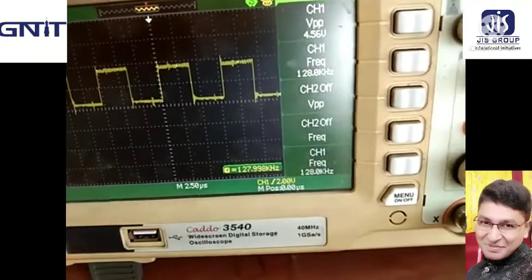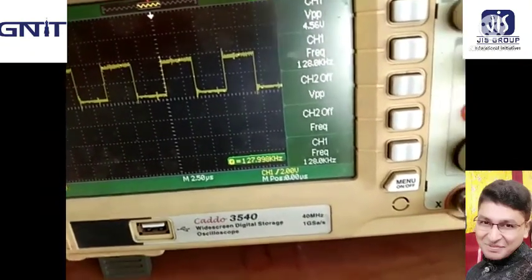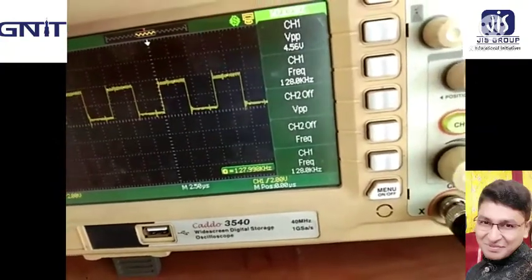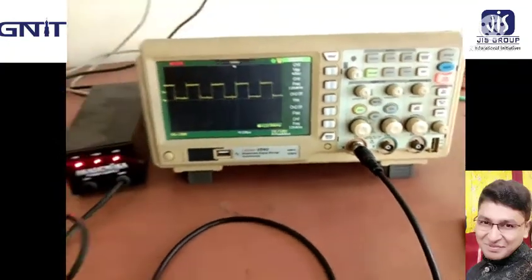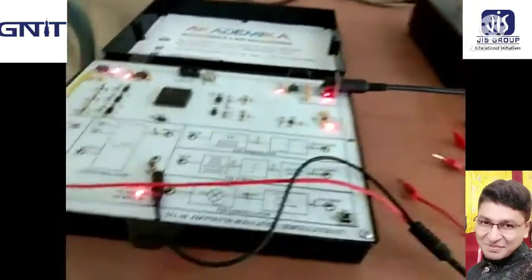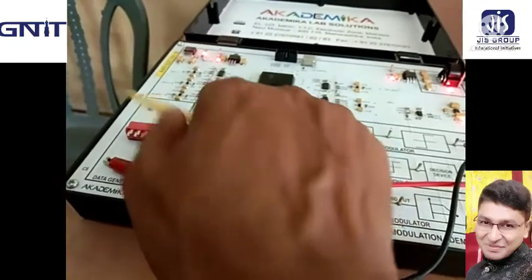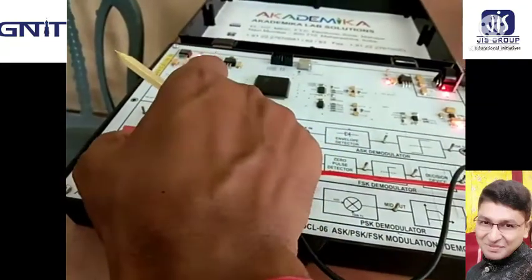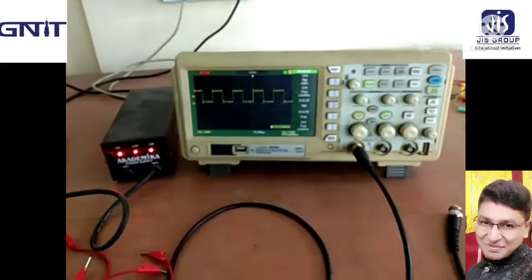Amplitude is 4.56 volt and frequency is 128 kilohertz. This is our message signal. The message signal varies at this point. Now it is 111 and press auto.